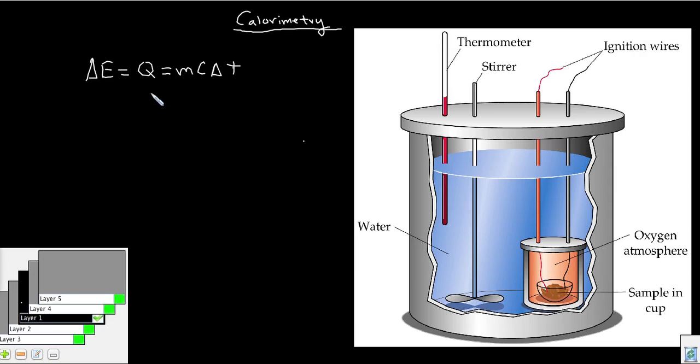What we observe in a closed, isolated system like this is that the mass of A times the specific heat of A times the change in temperature of the whole system, plus the mass of B times the specific heat of B, which in this case would be the water, times the change in temperature of B, equals 0. So they're going to cancel each other out.